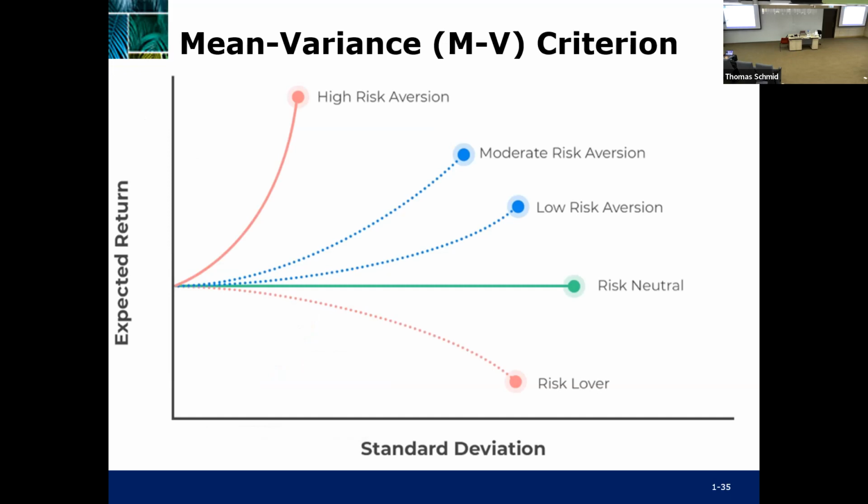Risk-neutral, horizontal line. It's only about expected return. The expected return of, let's say, 5% delivers the same utility no matter how high the risk is. For risk-averse investors, their indifference curves are upward sloping. Why? Well, because if risk goes up, they require higher expected returns so that they end up with the same utility.